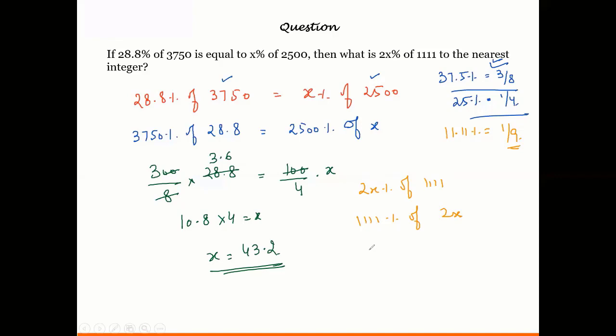Now 1111 would be 100 by 9, by the same logic. And 2x is 2 into 43.2. So I can easily cancel out by 9. 9 4s are 36 and 9 8s are 72. Now 4.8 into 2 is 9.6, into 100 is 960. That means the final answer to my question would be 960.